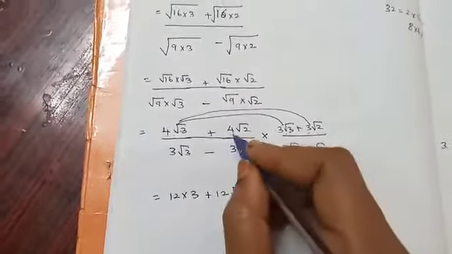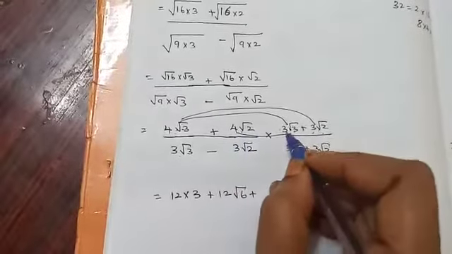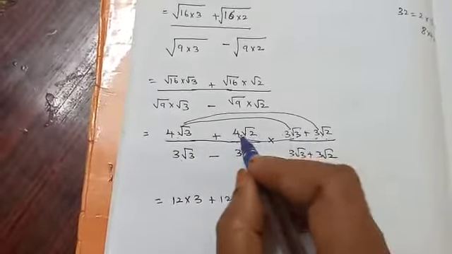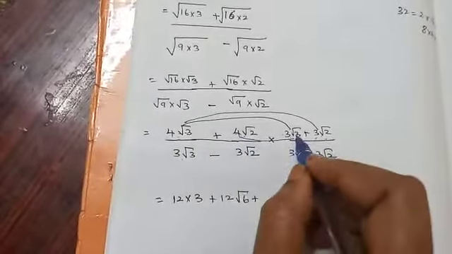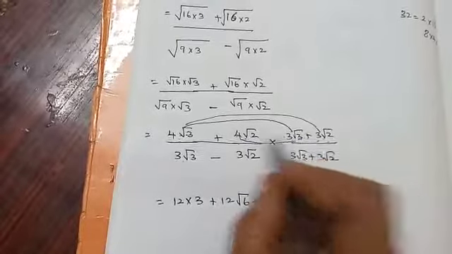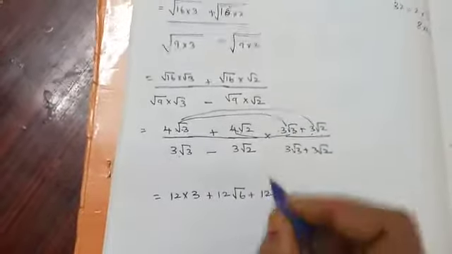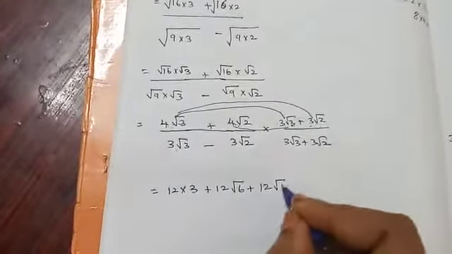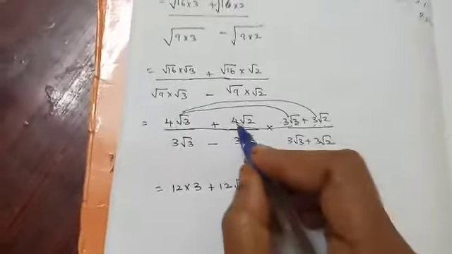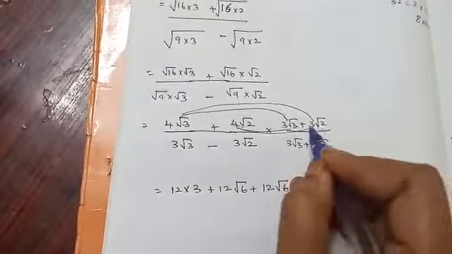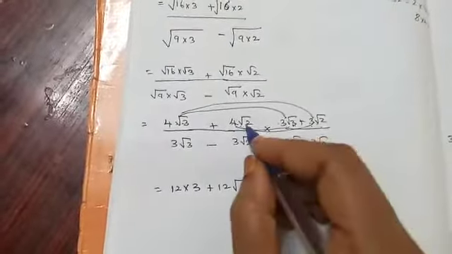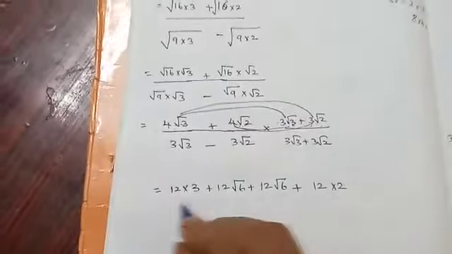Next, plus 4 root 2 into 3 root 3: first we multiply the numbers, then the irrational numbers. So 4 into 3, 12, root 2 into root 3, root 6. Next, again this one: 4 into 3, 12, root 2 into root 2, 2.